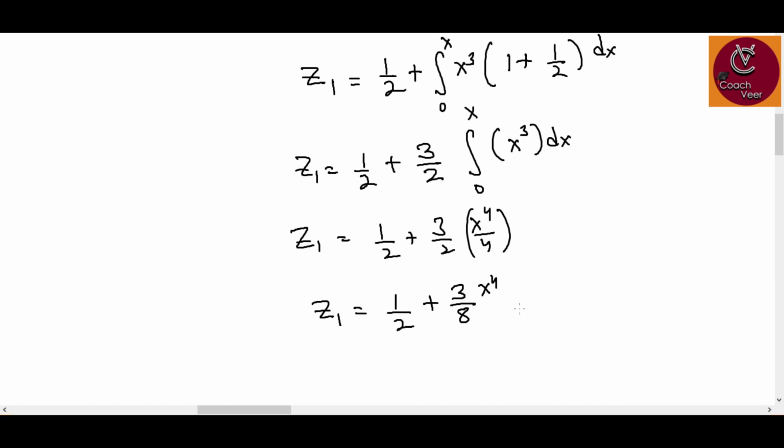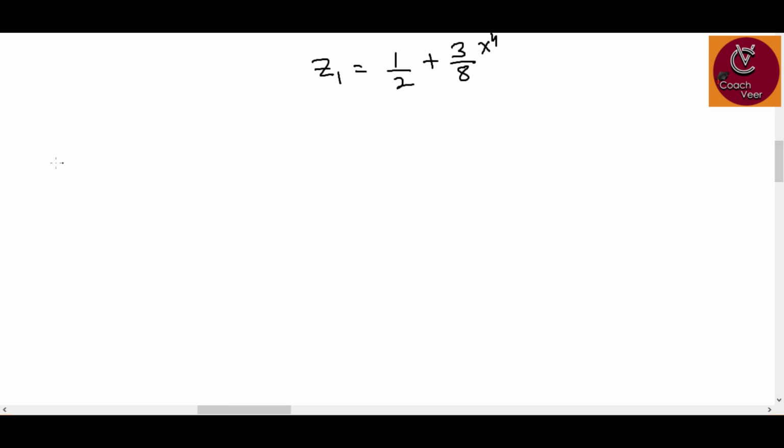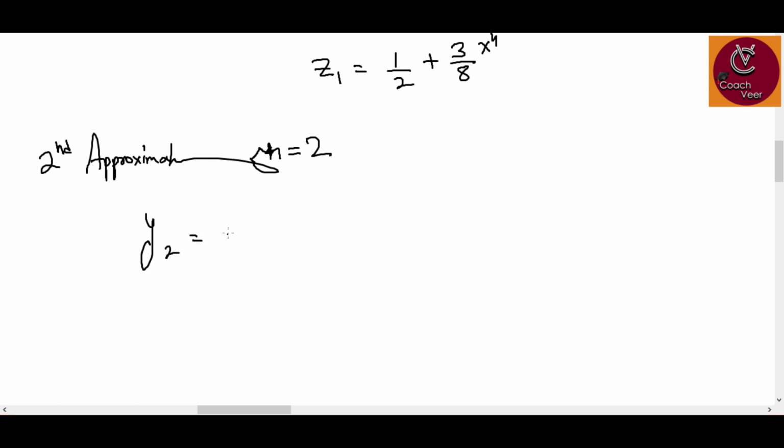Similarly, for the second approximation, you need to write n equals 2. So we get y2 is equal to y0, which is 1, plus integral 0 to x, and then we need to substitute the z1 value, because 2 minus 1 is 1.